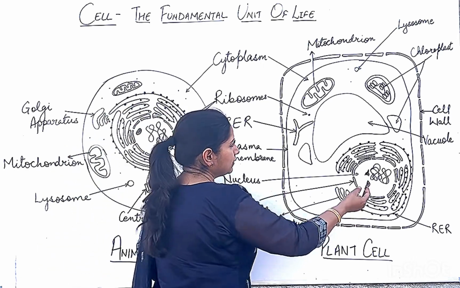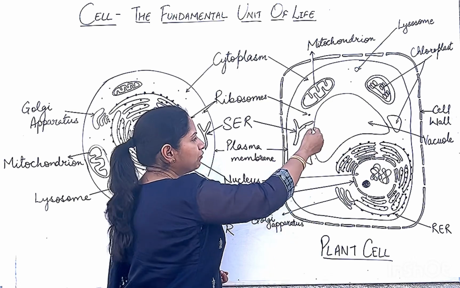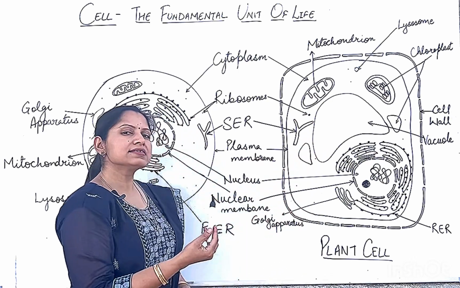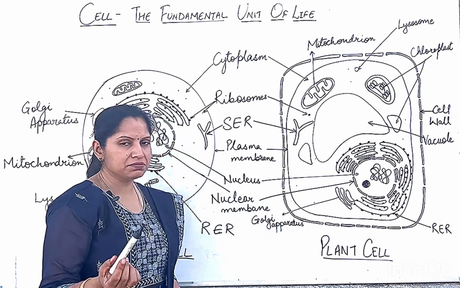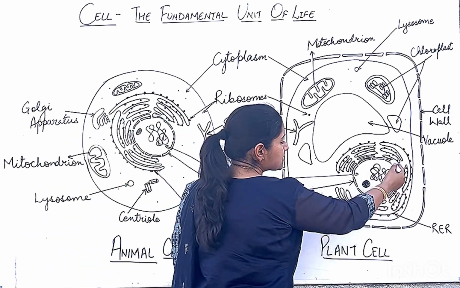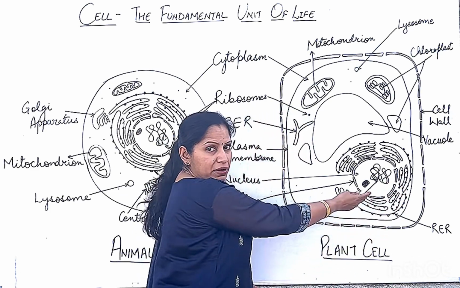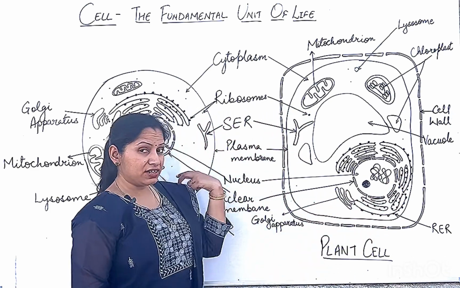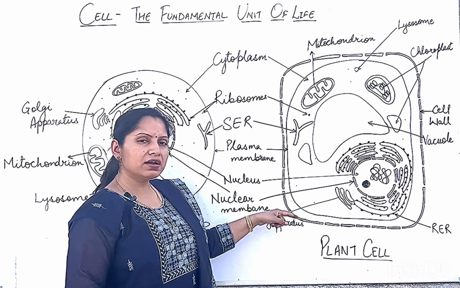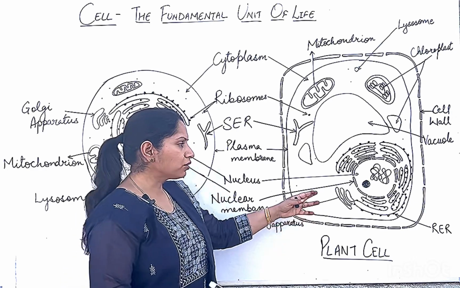Now, inside the cell, the fluid part is the cell cytoplasm, which is the same in a plant cell as well. In a plant cell also, there is a nucleus containing the genetic material, that is chromatin threads and the nucleolus. But you can see in a plant cell, this nucleus is shifted to one corner.